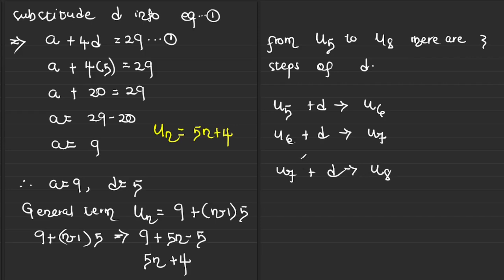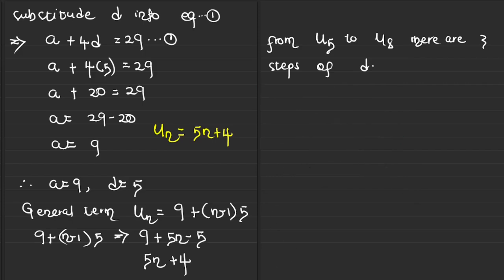So that is to say there are 3 steps of D. You see. So in simple terms, with this I'm explaining, if you were okay with the substitution, you can skip to question 5. But if you still want to get this, then we can simply say that our U8 minus U5 is equal to what?